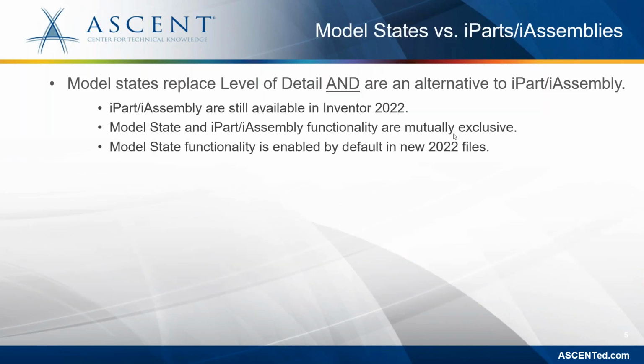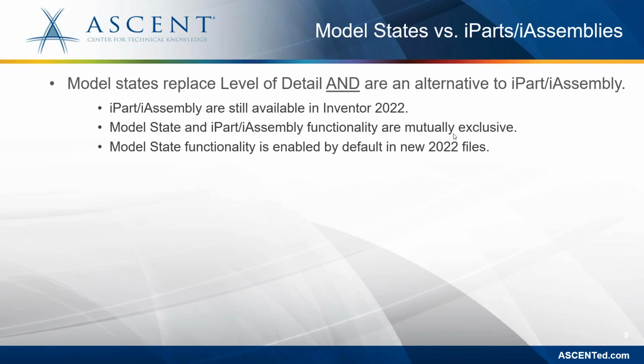The introduction of model states within Inventor is twofold, and you'll see some differences in your Inventor. First off, it's replacing the level of detail functionality. So you'll no longer see level of detail within Inventor 2022. In addition to that, it's providing an alternative to iParts and iAssemblies.